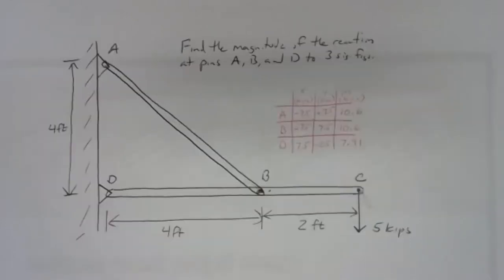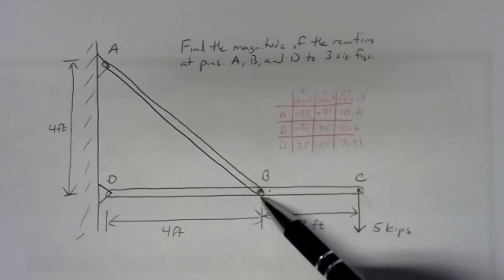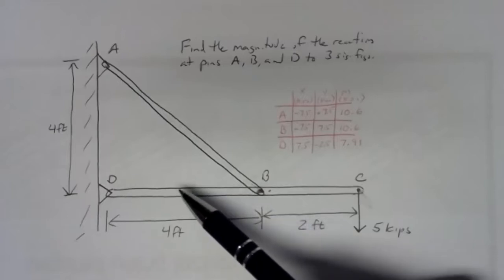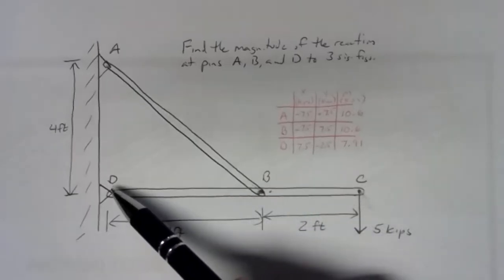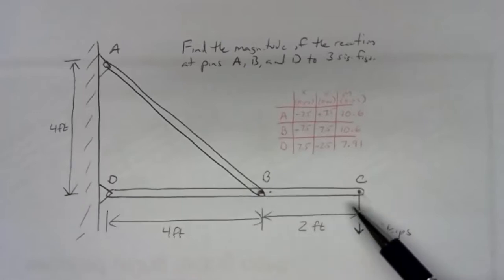All right, so here's our practicum problem for the evening. We've got a wall-mounted structure. And you might want to say at first this is a truss problem, but what makes this a frame instead of a truss is this point right here. If this was a truss, then this would have to be two separate members horizontally, where we'd have member BD and member BC.